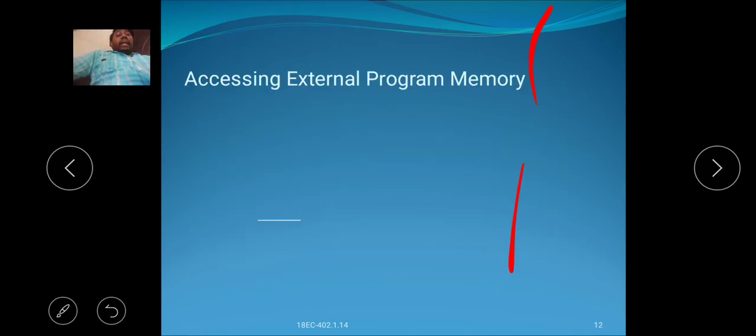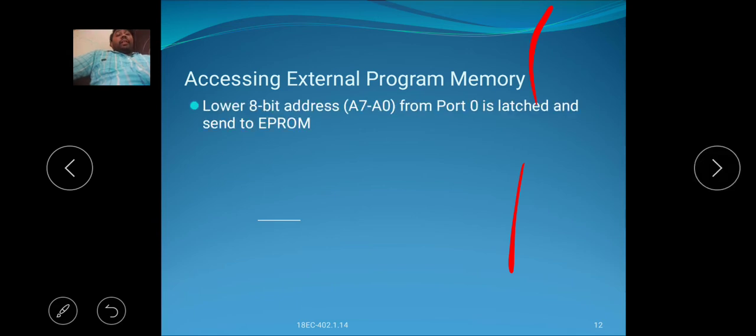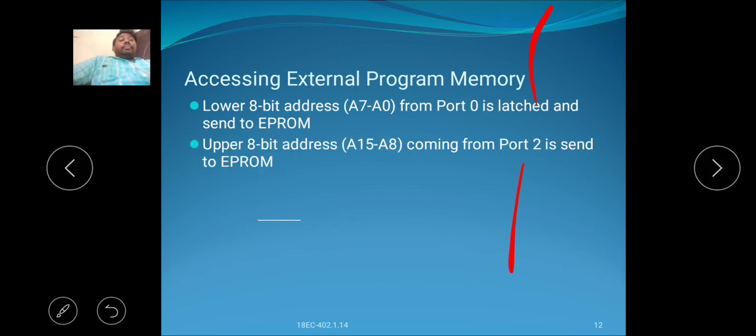Accessing the external program memory: the lower 8-bit address, A7 to A0, from port 0 is latched and sent to the EEPROM. The upper 8-bit address, A15 to A8, coming from port 2 is sent to the EEPROM.